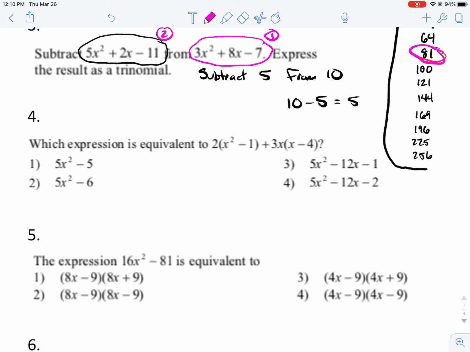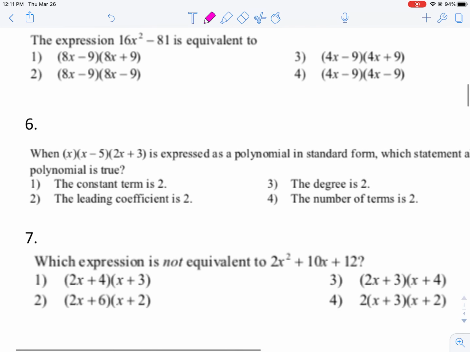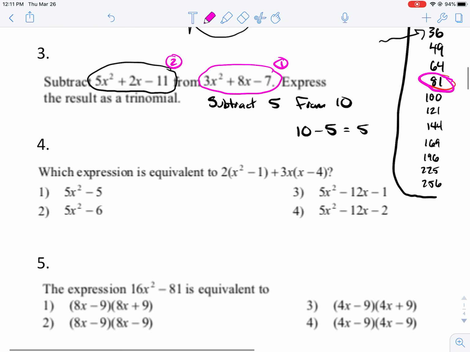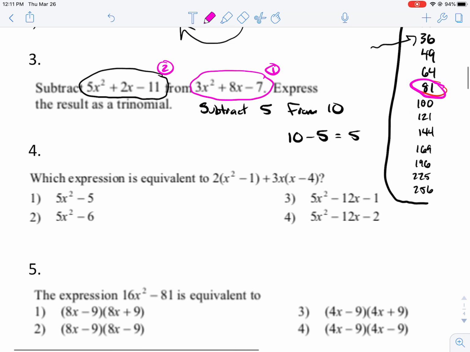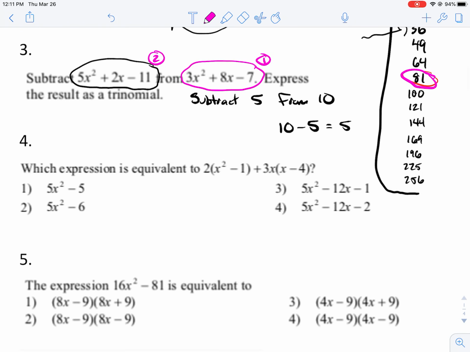All right, so sometimes these big long trinomials, because as you can see there's three terms, can kind of confuse you, but sometimes it just helps to simplify the problem. Think of something we're familiar with. All right, take 5 from 10. All right, it's 10 minus 5.